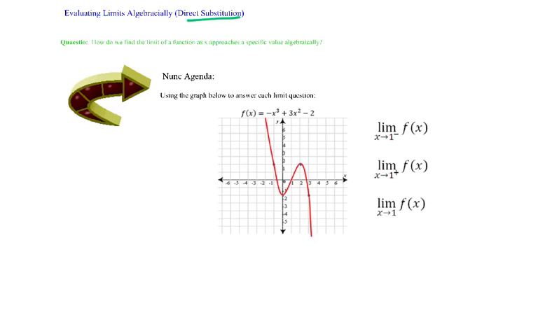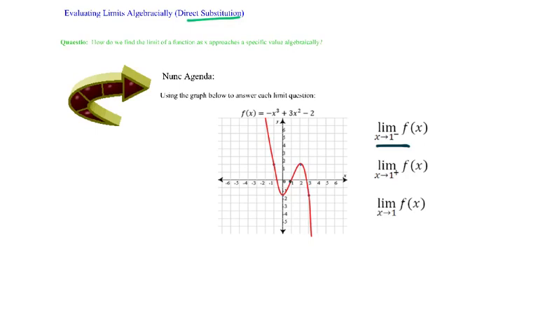follow along. So just for a little do now problem review from our limits graphically, if I wanted to evaluate the limit as x approaches 1 from the left, remember that little negative sign in the exponent does not mean that we are approaching -1, it means that we are approaching 1 from the left-hand side.